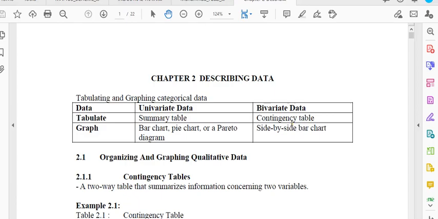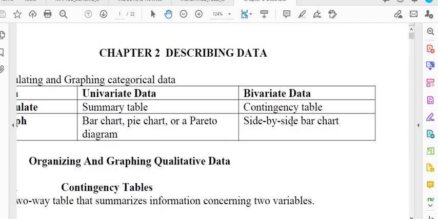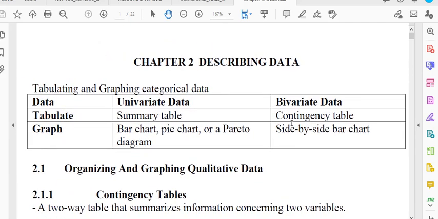Okay, class, what is chapter 2 about? Let's start with the topics. Chapter 2 will involve describing data, meaning how you are supposed to transform your data to be visible on the platform.